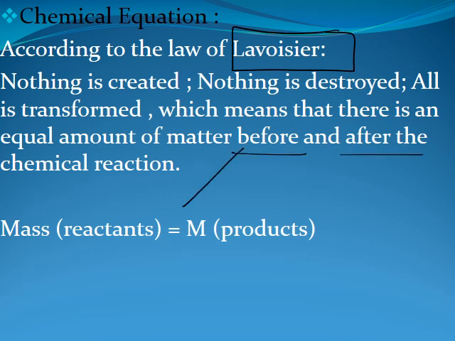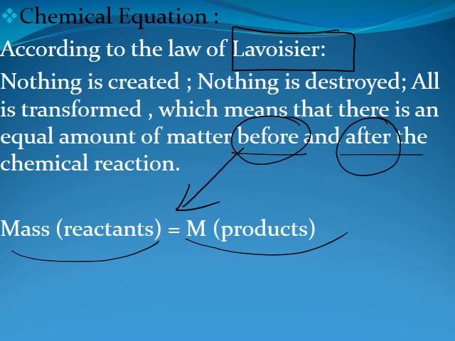This explains this equation: the mass of the reactants is equal to the mass of the products. You have to use it in any question about the mass of products or reactants. You have to mention this law, then write this equation and you can solve.